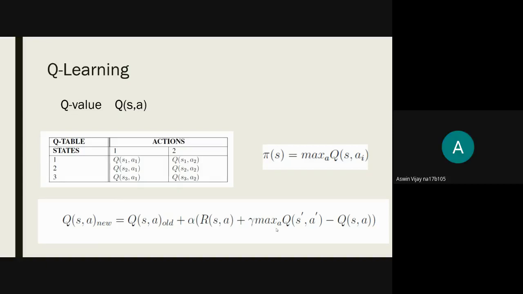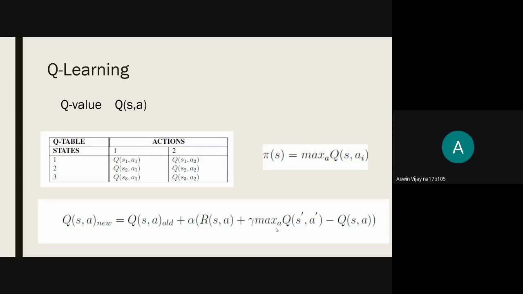So you do all of the actions, calculate the Q values of the transition, and choose the maximum of them. That is this maximum. At every instant you have to go to the next step for all of the actions and choose the max. That is how you calculate this.